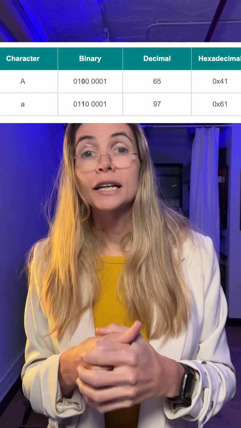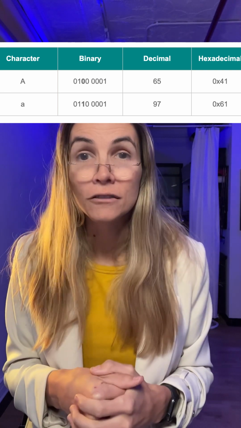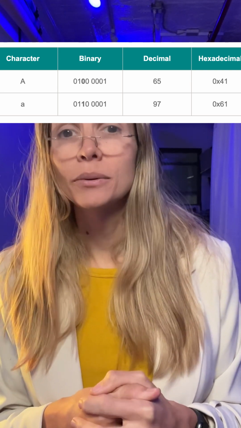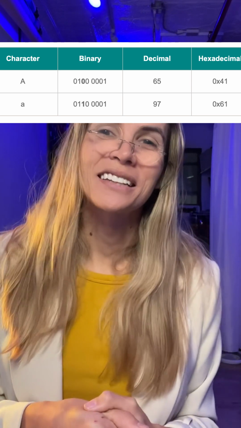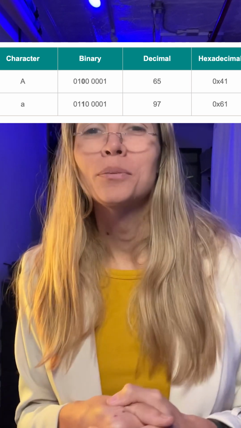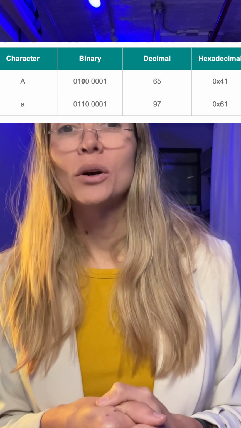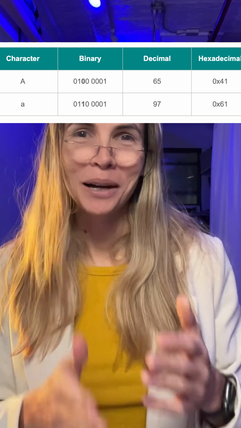For example, the capital letter A is represented by code point 65, which is represented by the binary combination of 1, 0, 0, 0, 0, 0, 1. While the lowercase letter a is represented by the code point 97, and the binary combination of that is 0, 1, 1, 0, 0, 0, 0, 1. It's my robot, by the way.